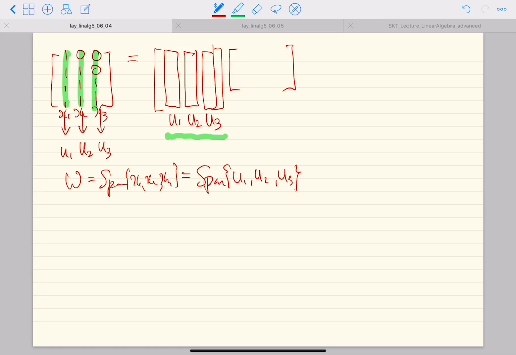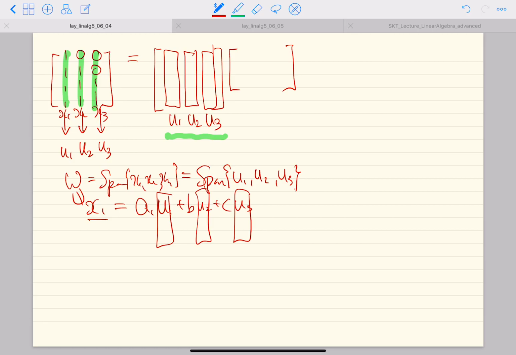Let's think of the representation of x1. Clearly x1 is inside of W, which means x1 should be representable as a linear combination of u1, u2, and u3, because it is inside subspace W. Likewise x2 and x3 should be representable as linear combinations of u1, u2, and u3.